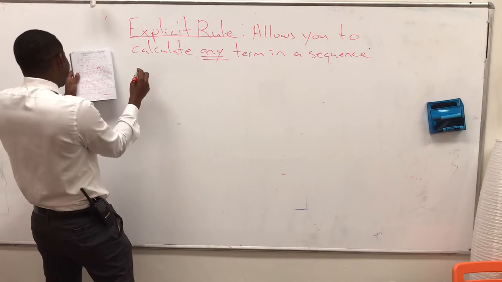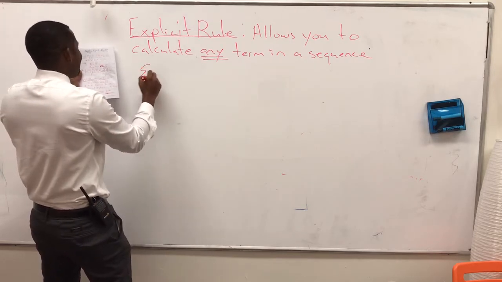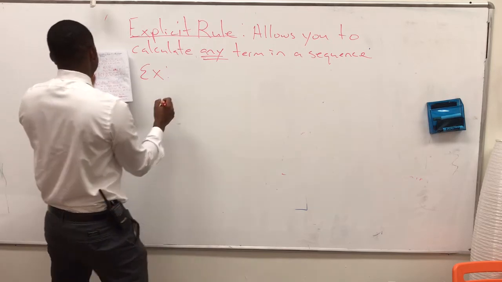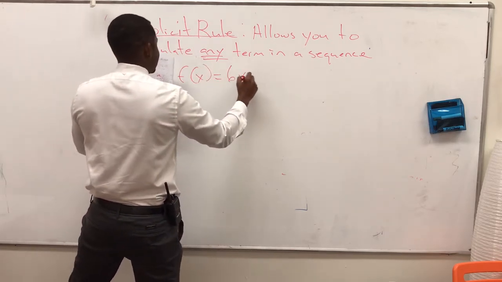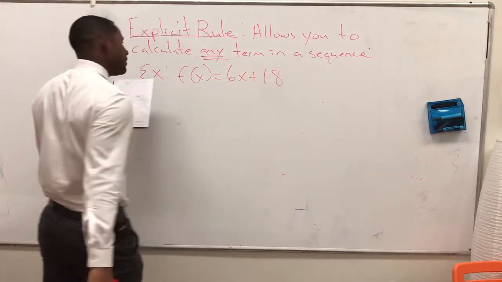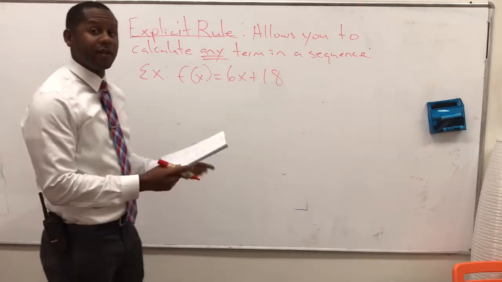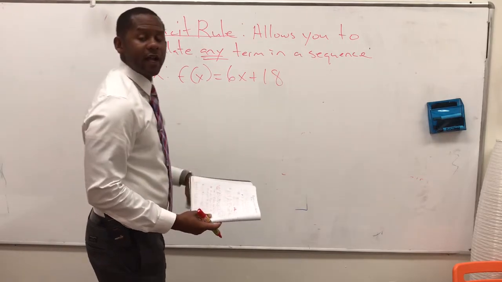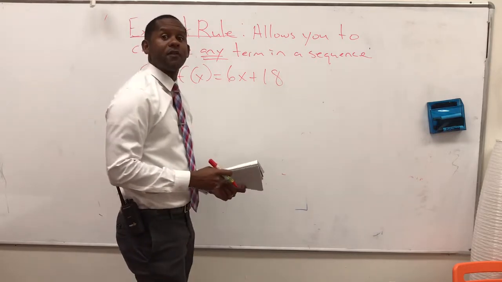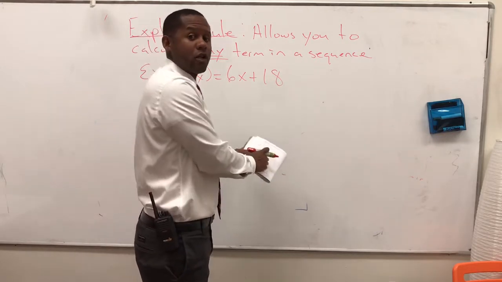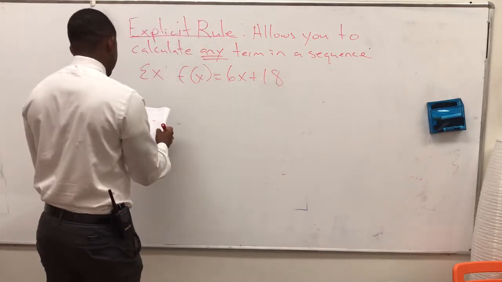So an example of an explicit rule is something like f of x equals 6x plus 18. This isn't recursive because I can just figure out any term. If I want to know the third term, I plug in a 3 for x. If I want to know the 29th term, I plug in a 29 for x. I don't have to know what comes before that term to figure out the term I'm looking for.